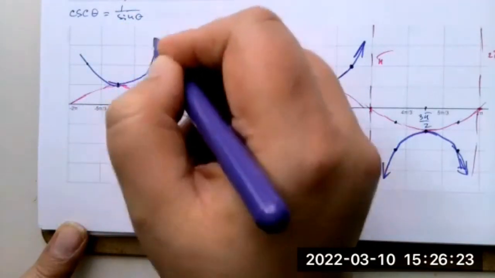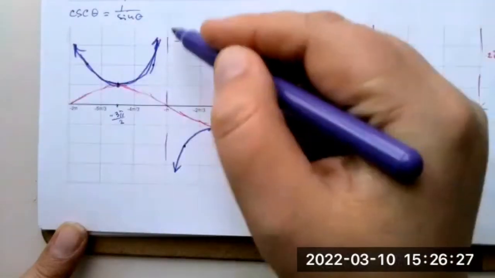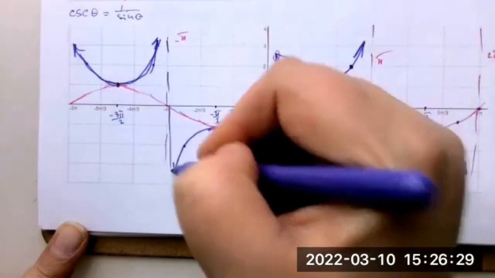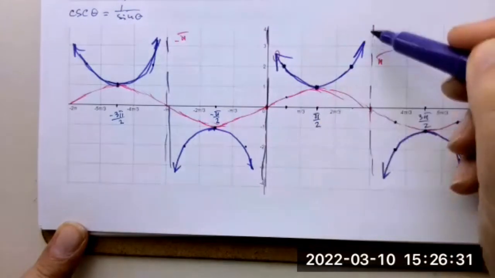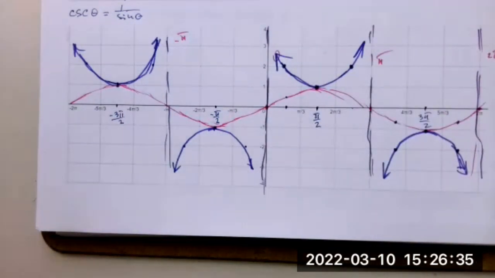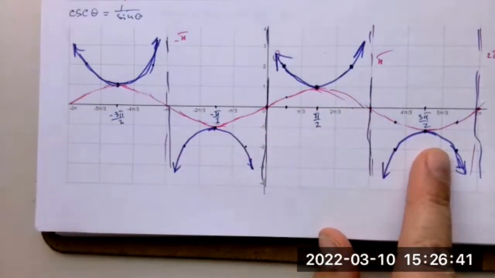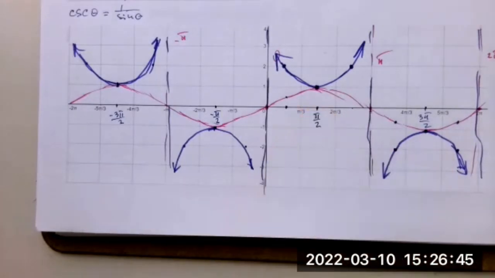This is our cosecant graph along with the asymptotes. Don't forget the asymptotes are not parts of the graph. So start by graphing a sine function as a guide, and then graph cosecant using that guide.